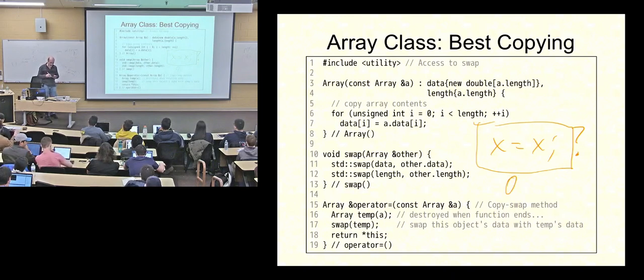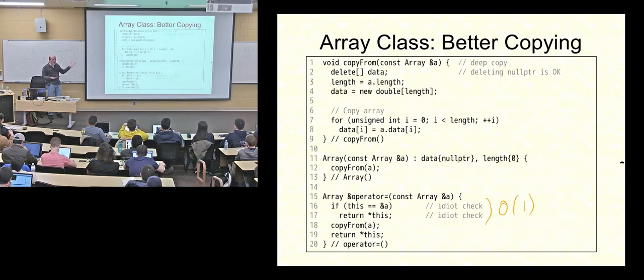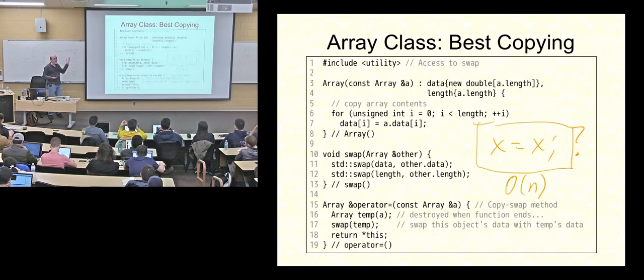It's O of n. So now bad code costs more and good code costs less. That's a win, right? We've eliminated this constant cost for everybody and imposed a big cost for bad code. And the other nice thing about the copy swap method is it's always the same.